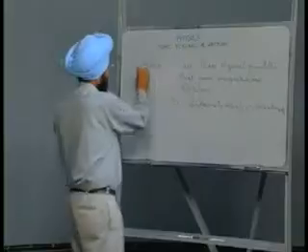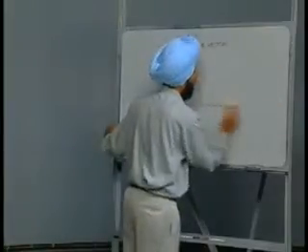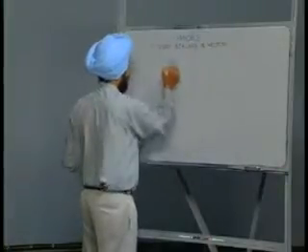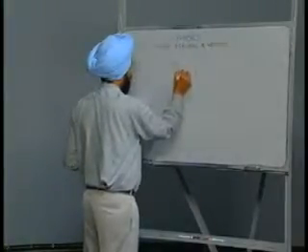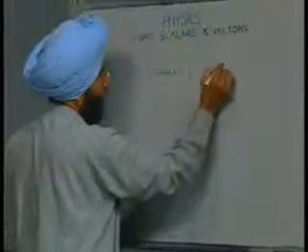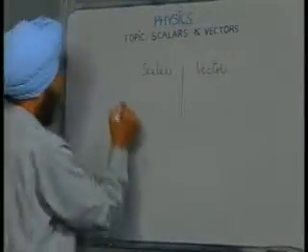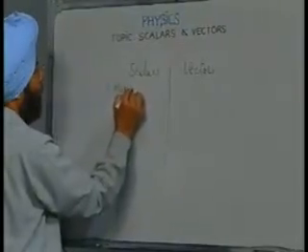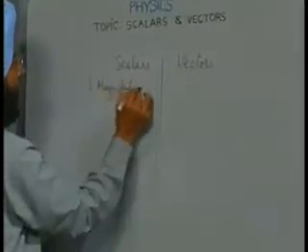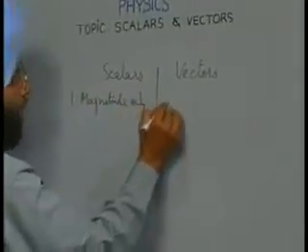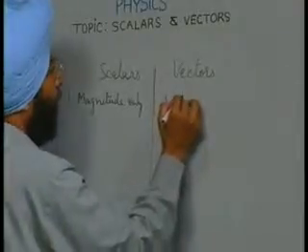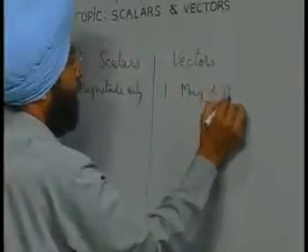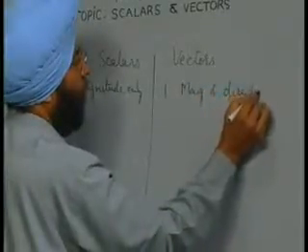Now we will compare the scalars and vectors. Scalars have magnitude only. Vectors have magnitude as well as direction.